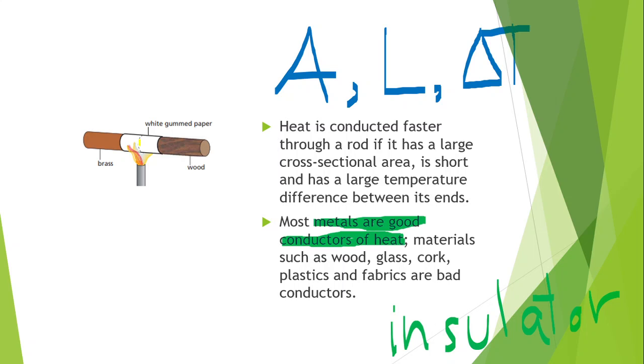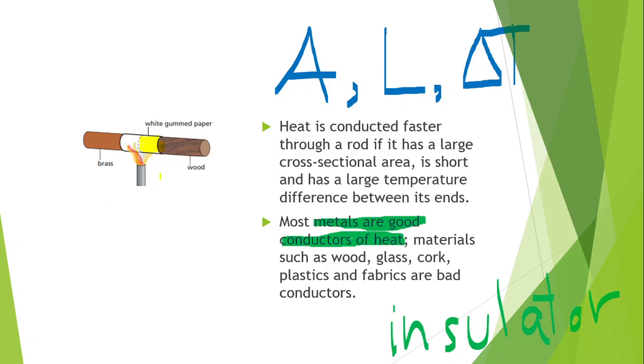One is made up of brass and the other one is made up of wood. Now they're attached with this white gummed paper, and when we apply heat to it, the gummed paper on the wood side burns and catches fire. However, the brass side doesn't.